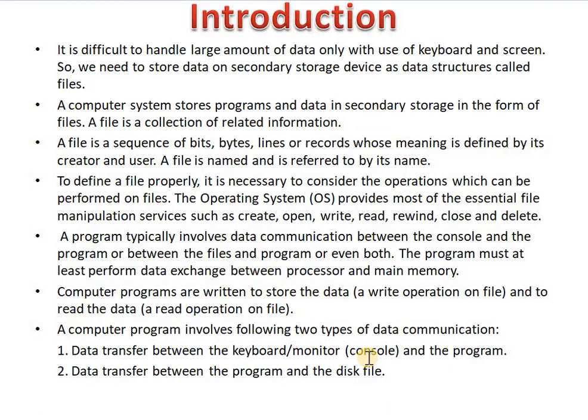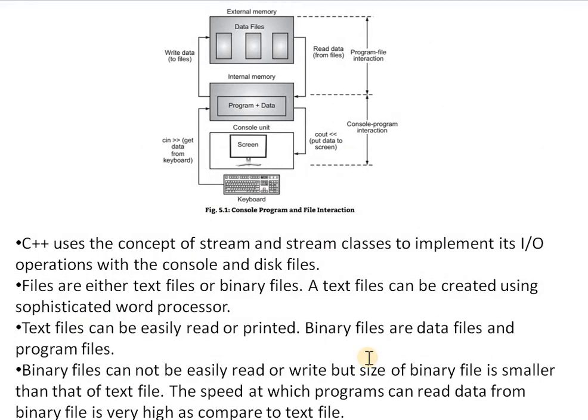The next figure shows the concept of file interaction with the console. This figure shows the demonstration of how the file interacts with our console program. It is mainly categorized into two parts. In the first part, program-file interaction occurs, and in the second part, console-program interaction occurs. In the computer's memory there is our program and our data.